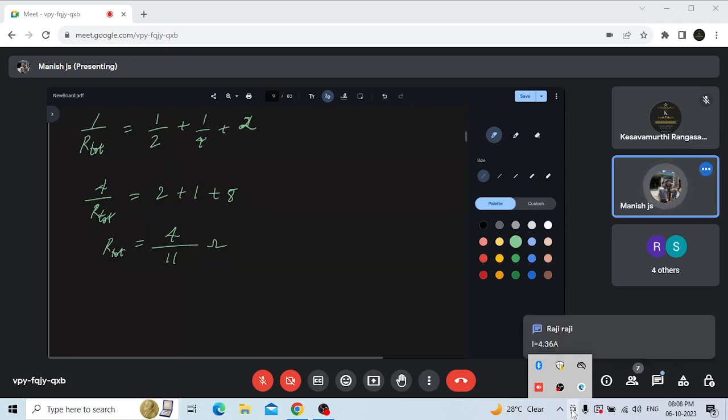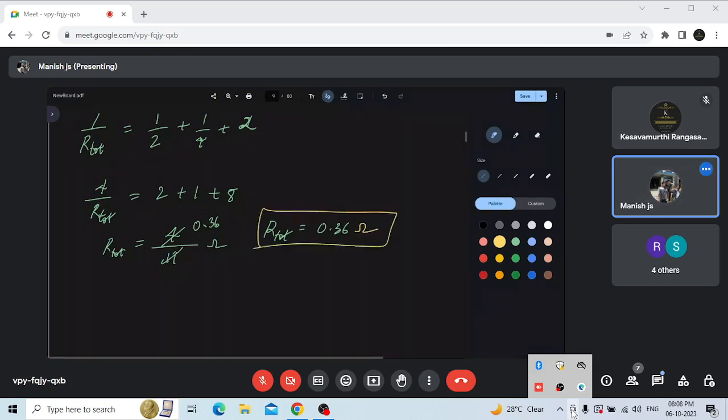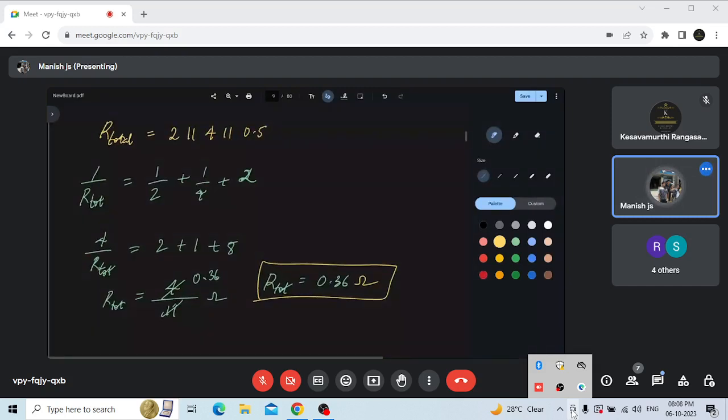Just go for a division. So 4 and 11, 0 point, I think it goes 3, carry over 6, right? So our total is 0.36 ohms. Don't forget the units. So that is the total resistance.